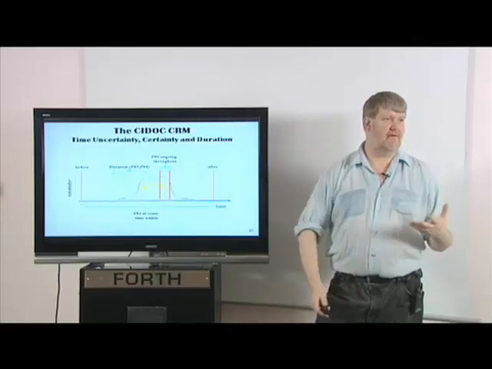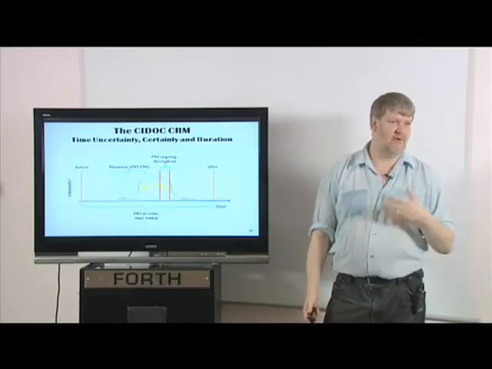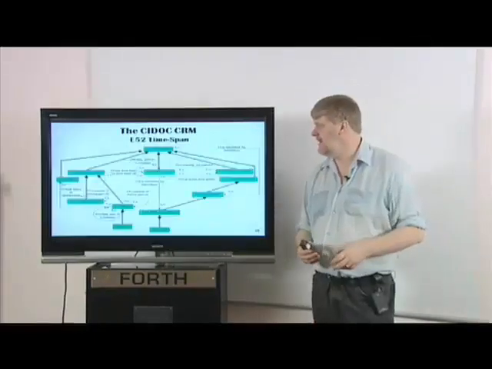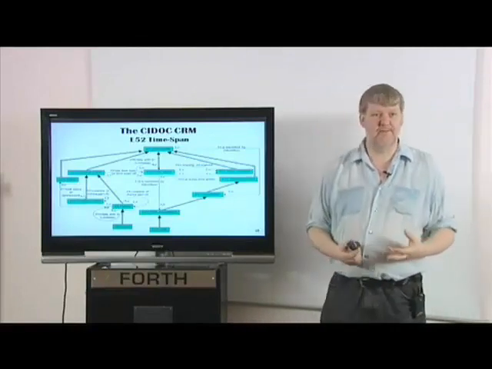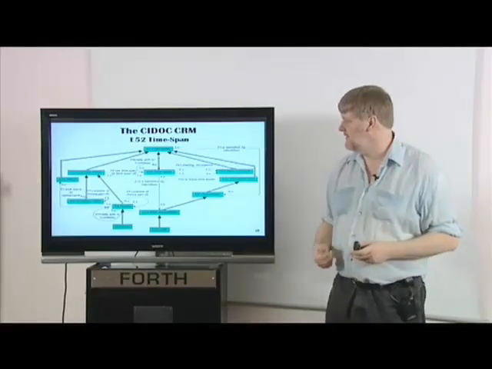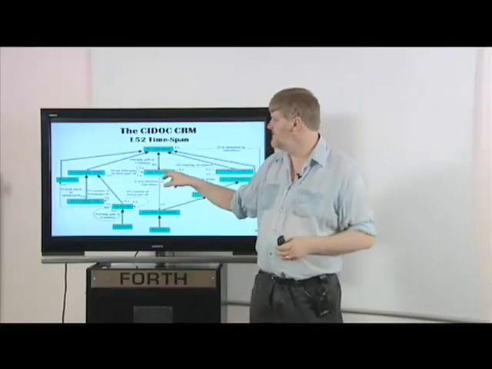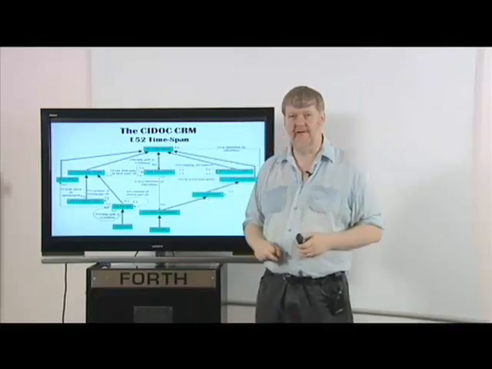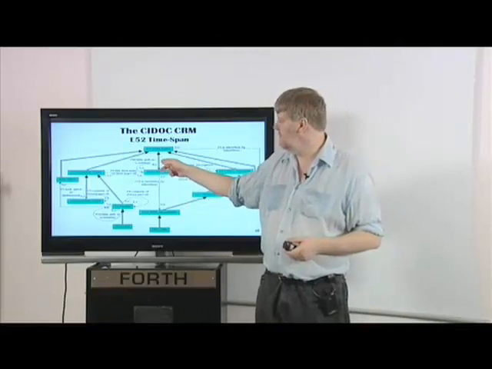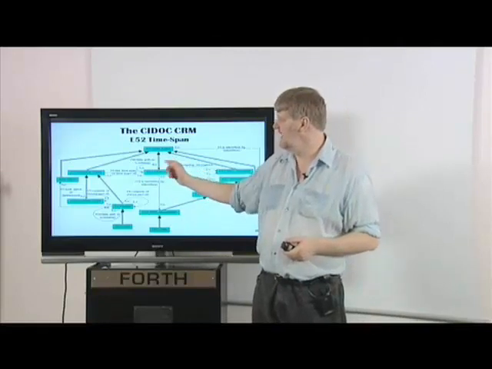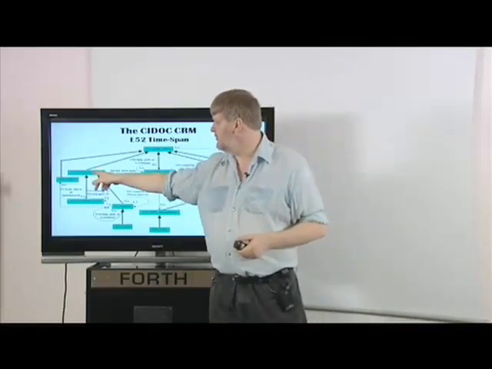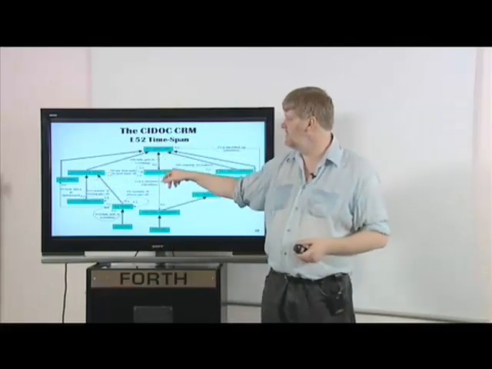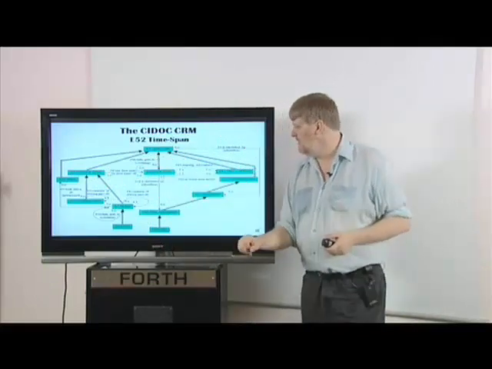Let's now consider the time span's properties and how it relates to other things. So the time span is itself a CRM entity; these double arrows say is-a relationship. So a temporal entity is a CRM entity, the time span is a CRM entity. And we also have the time primitives and the persistent item being CRM entities.